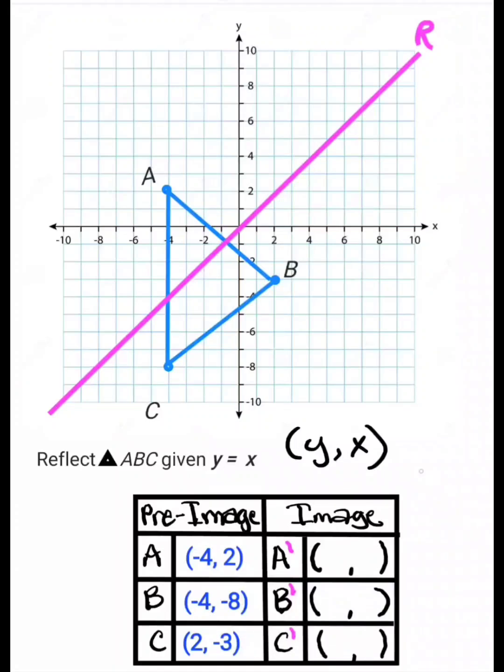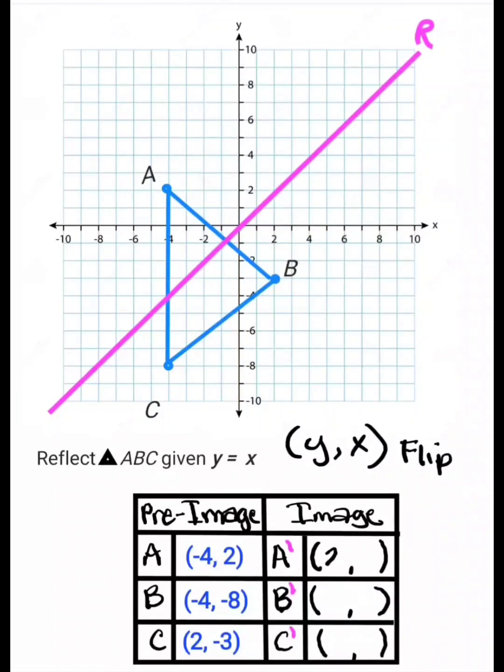No negative, no change. All we're going to do is flip those coordinates. Easy peasy, lemon squeezy. So let's flip them. We have -4, +2, so we're going to put +2, -4.